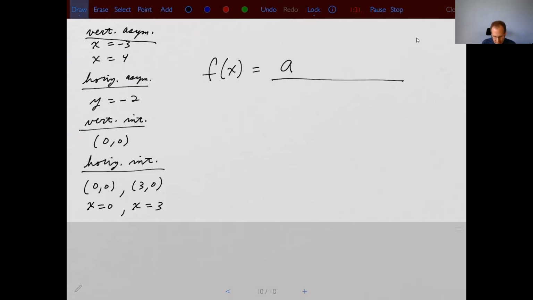So the horizontal intercepts are 0, 0, and then 3, 0. So that means the factors that gave rise to those roots must have been x minus 0, but I just write that as x. And then the other one is x minus 3. And they both have exponents of 1. Why? Because the graph looked linear. It looked like a line when it passed through the horizontal intercepts.